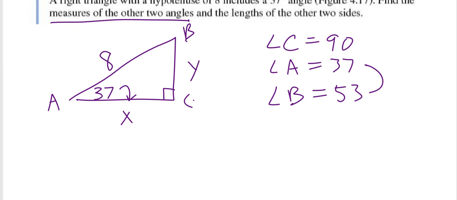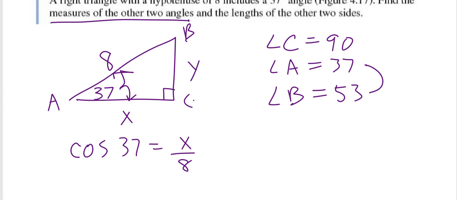We're trying to figure out the adjacent side. We have the hypotenuse. Which trig function is that? Say it. That is cosine, right? So the cosine of 37, we got this one, and we'll solve for y here and we'll be done. Stay with me.